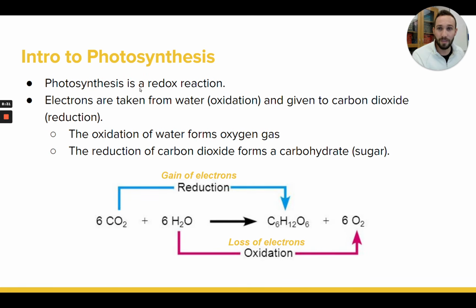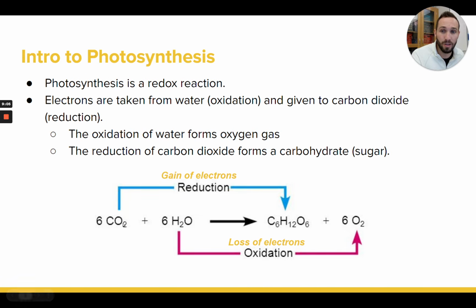Photosynthesis, just like cell respiration, is an oxidation reduction reaction. We call it a redox reaction. There is an overall movement of electrons taking place that we're going to see when we dive into topics 2 and 3. In photosynthesis, we're basically going to undo what happened in cell respiration. In cell respiration, glucose was losing electrons and becoming CO2 molecules. Now we're going to give those electrons back to CO2, which causes CO2 molecules to become glucose again.